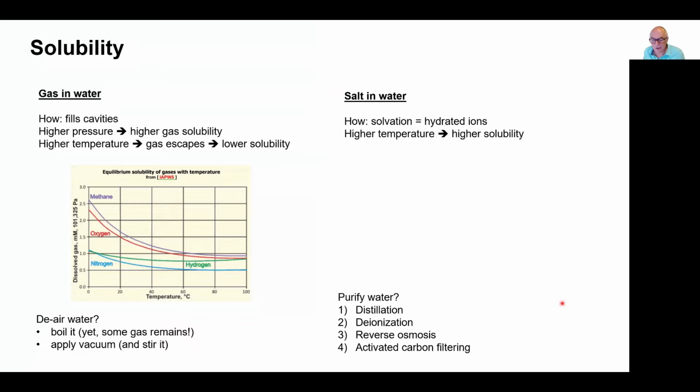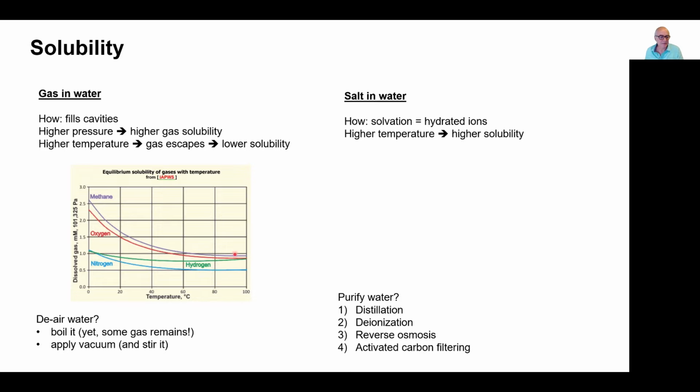Now, I mentioned before that we can get gas out of water by increasing the temperature. And the reason is because gas molecules vibrate so much that if you increase the temperature, they will find a way to escape. So while the solubility of salt increases with temperature because the thermal activity of water punches the salt more effectively, the solubility of gases decreases with temperature because there is so much mobility that the gas escapes.